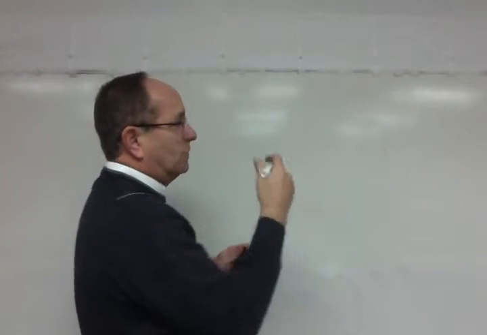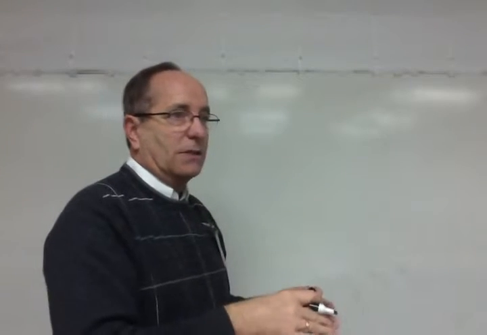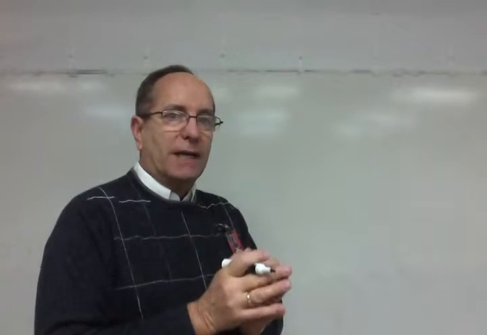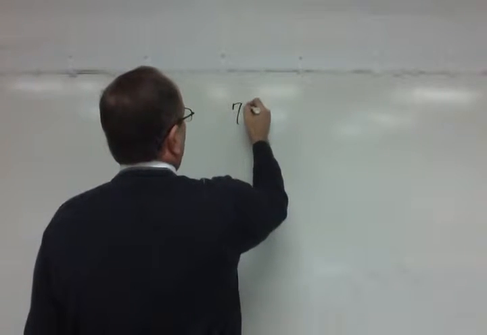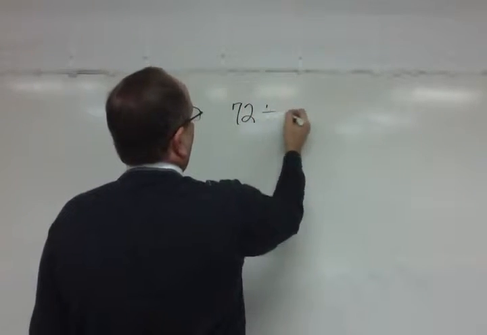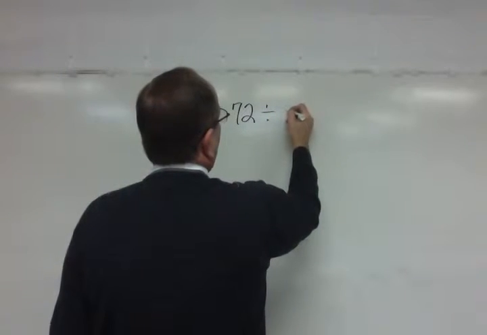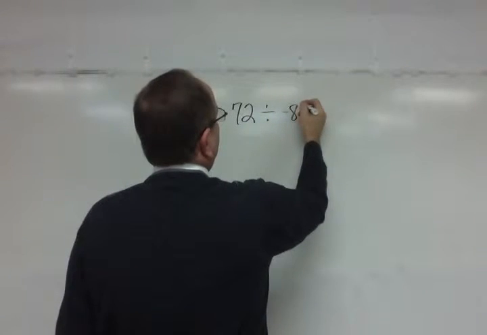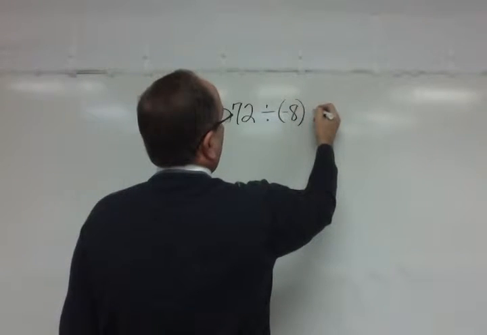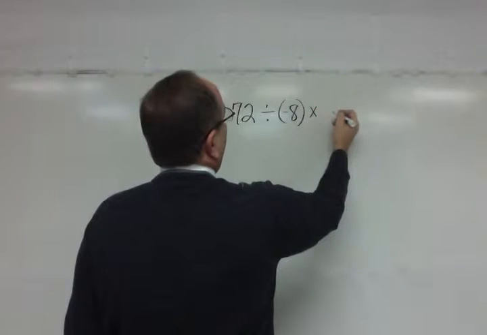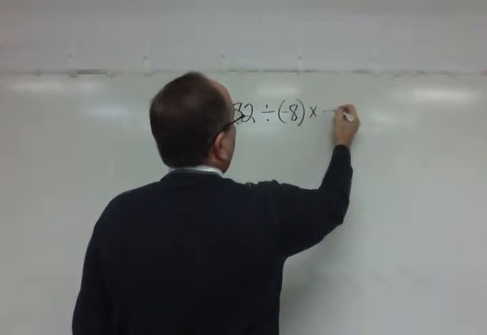The rule of two negatives turning to a positive, or the one negative number turning to a negative answer that we just talked about, only happens when the numbers are being multiplied and divided. So if I have 72 divided by, let's say, -8, and then that's going to be multiplied by, let's say, -2.